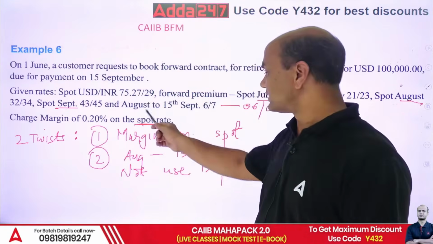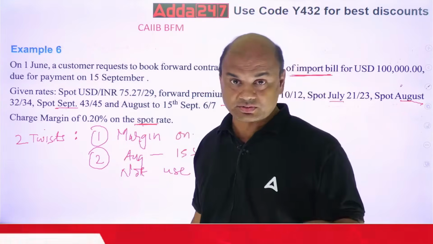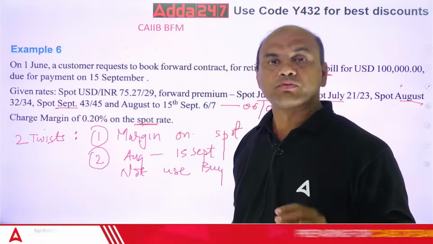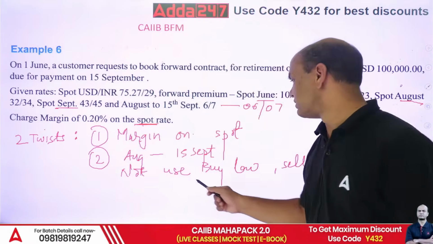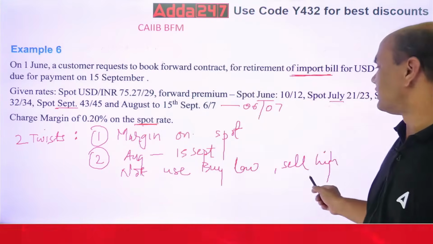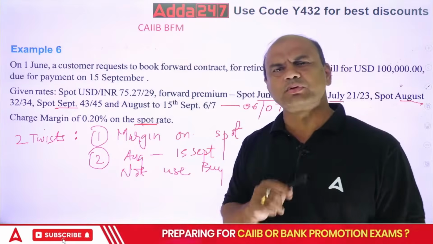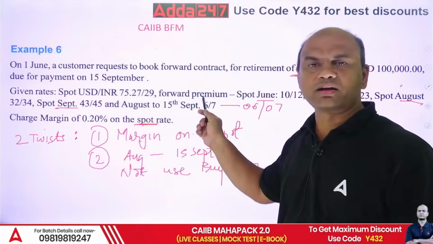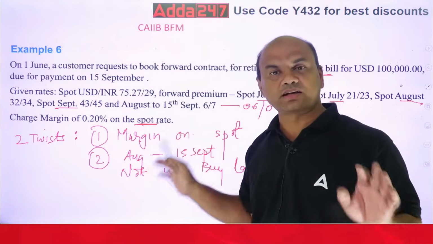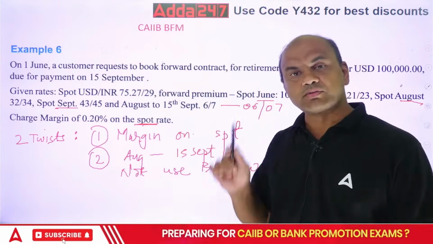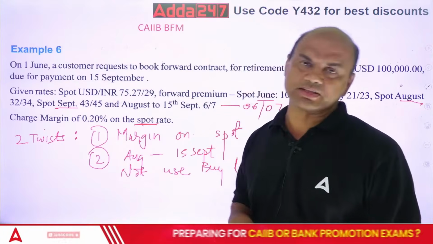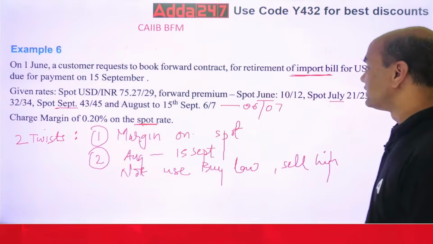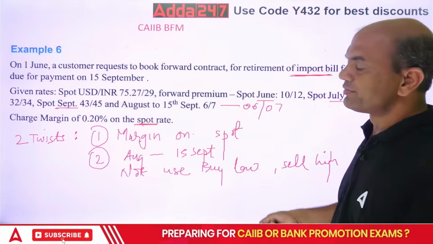When such a thing is given, you cannot use the buy low, sell high concept. Whenever you have the exact rate on any date, never ever use the buy low, sell high concept. This is a very, very important concept. Got it? So with these two in mind, let's move ahead.